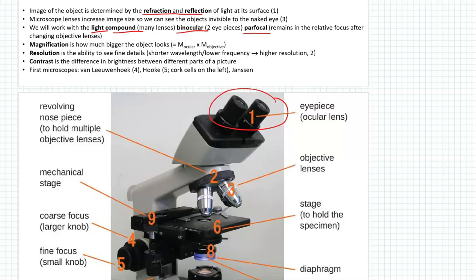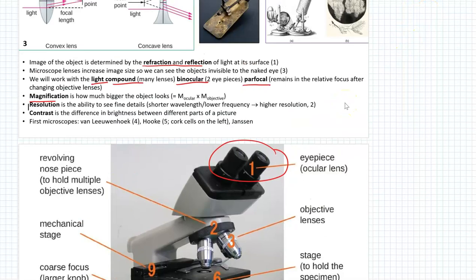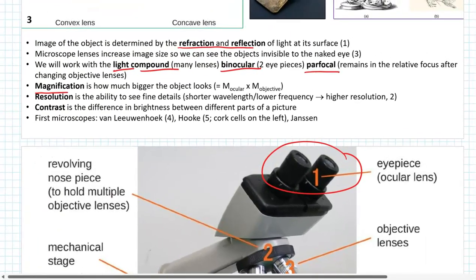Three main characteristics of any microscopic observation are magnification, resolution, and contrast. So let's define those terms. I will ask you the definitions of those three terms.